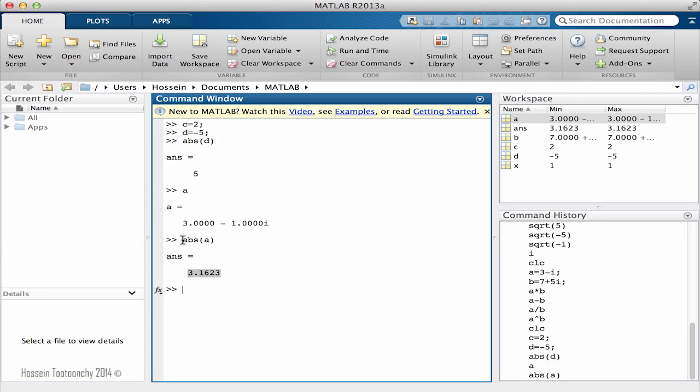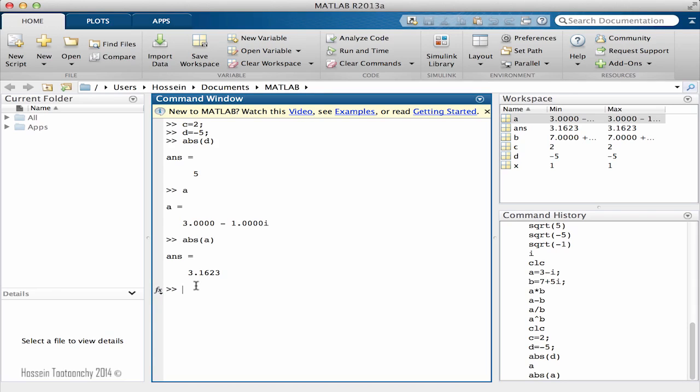What it does is take the real part and square it, then raise the imaginary part to the power 2 as well, add these squared parts together, and then take the square root. So this one is going to be 9 plus this one is going to be 1. 9 plus 1 is going to be 10. Then if you take the square root of 10, it's going to be this number. So from now on, we know that if we pass a complex number into the abs function, it's going to bring us the magnitude of that complex number.